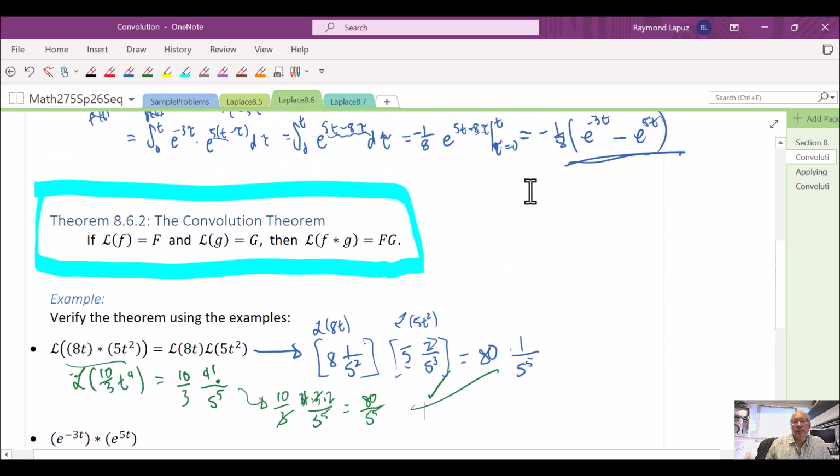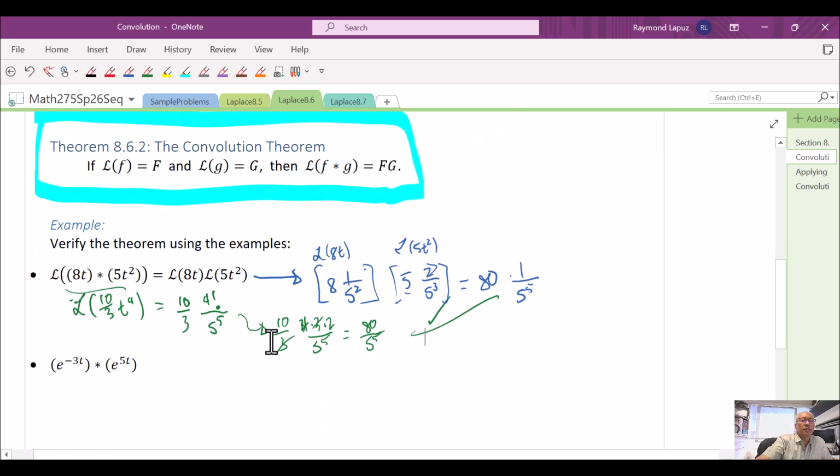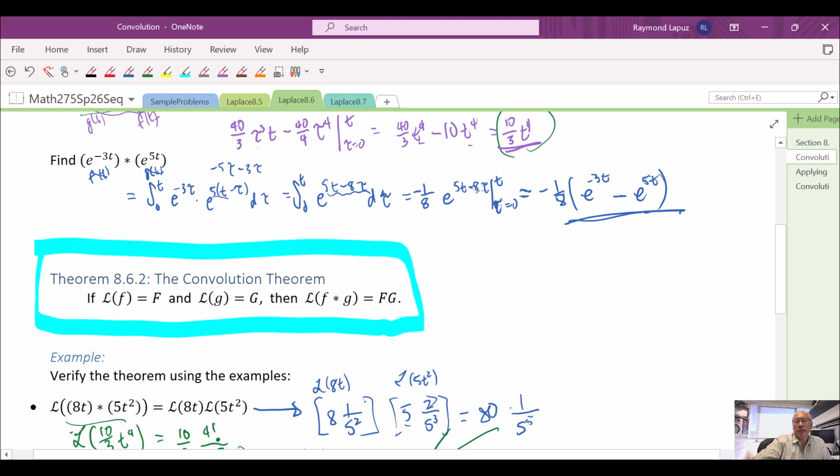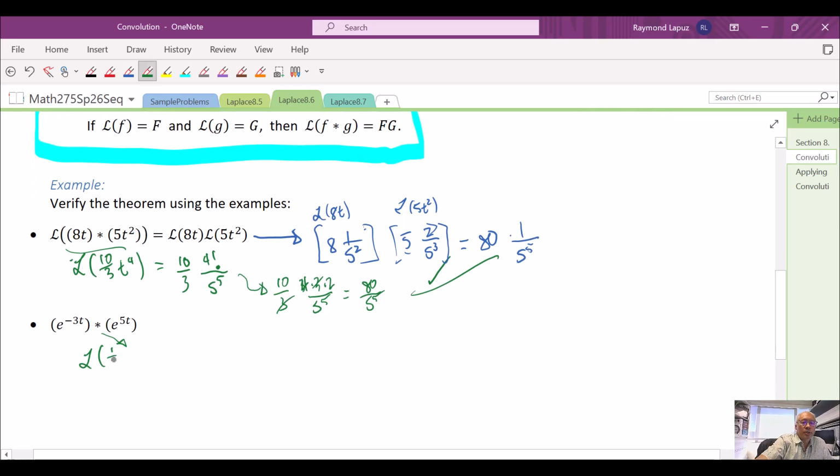Let's take the Laplace transform of the convolution, which we got to be, let's write it just so it's positive, 1/8 e to the 5t minus 1/8 e to the negative 3t.